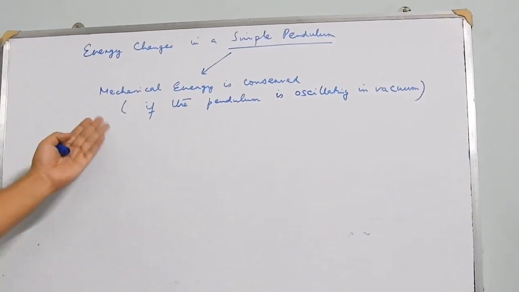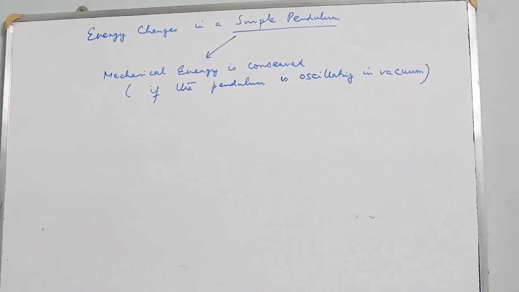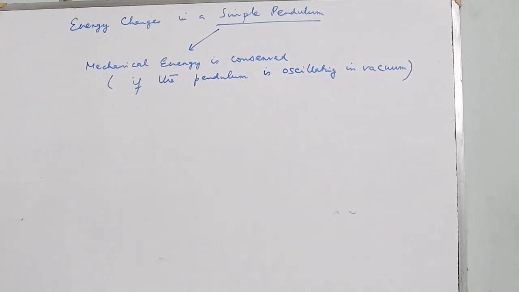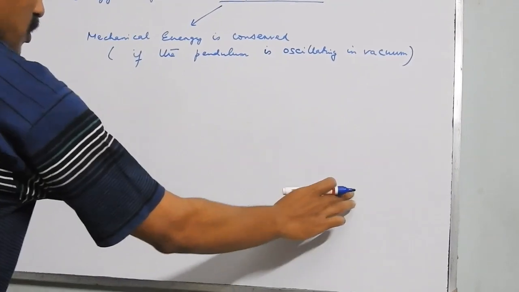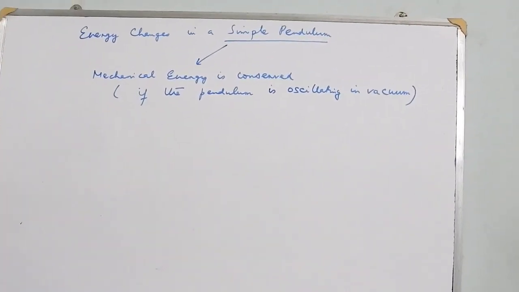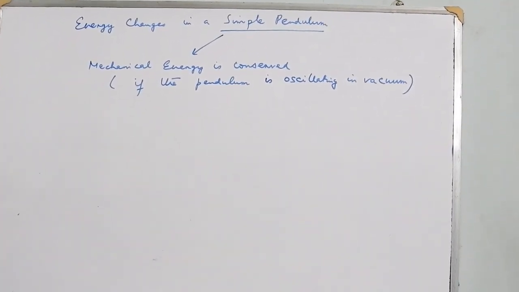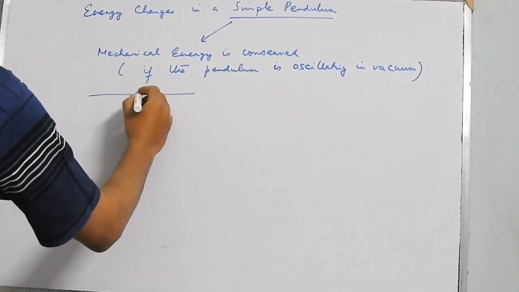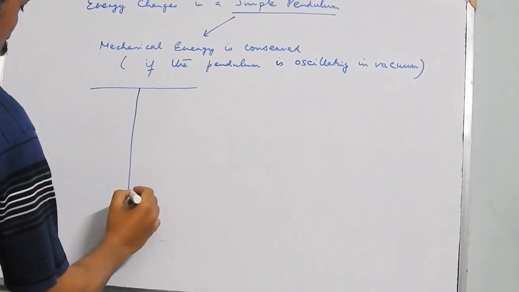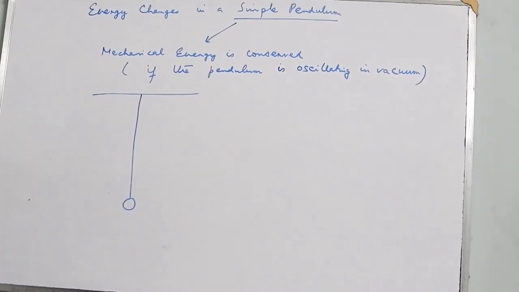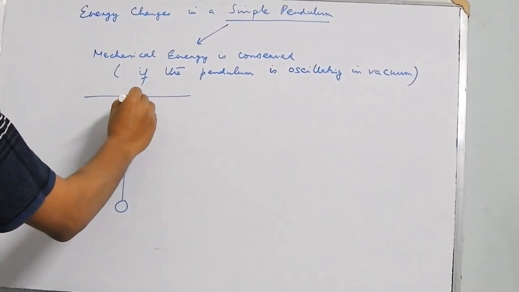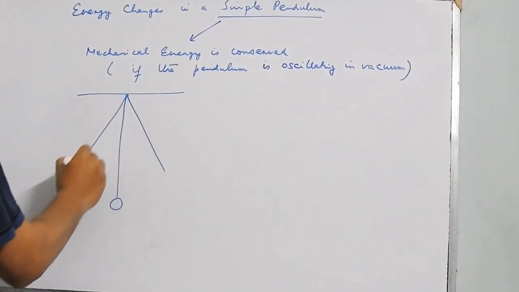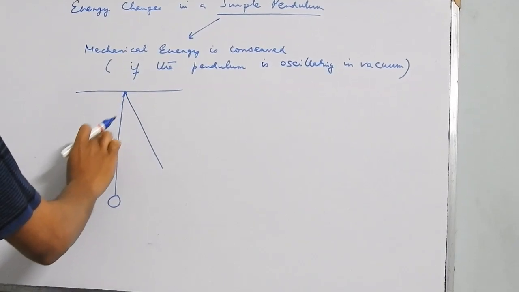So, mechanical energy is conserved means the kinetic and the potential energy continuously change from one form to another as the pendulum oscillates from its mean position. So, let us consider three stages of the oscillation. Suppose the pendulum is oscillating between its two extremes, and suppose this is the mean position and these are the two extreme positions of oscillation on either side of the mean position.